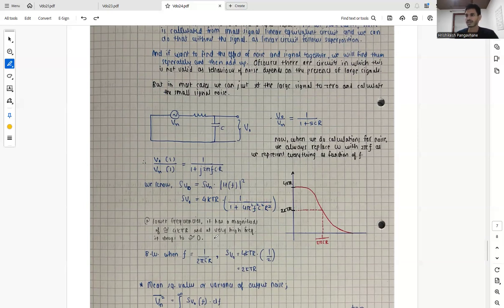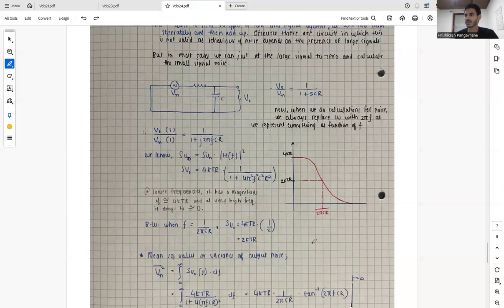So for the bandwidth, when frequency f equals 1 upon 2 pi CR, if we put this value in our SV naught, it comes out to be 2 KTR. So at the bandwidth f naught, the value of our curve is nothing but 2 KTR, and it will start at 4 KTR and go to 0.